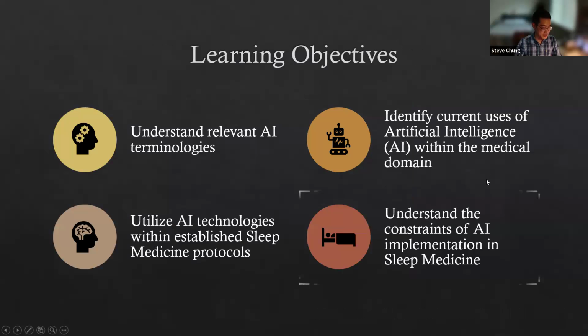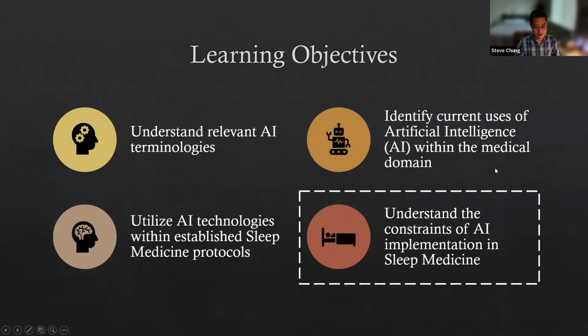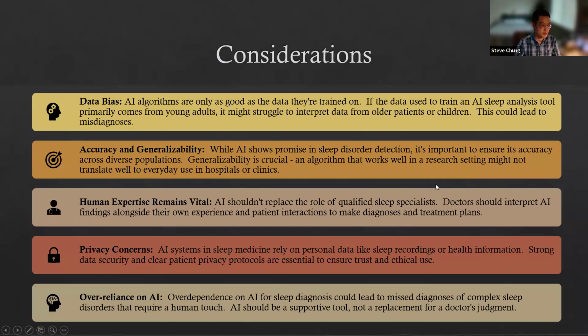So this brings us to our final objective, which is to understand what we're hesitant about in applying artificial intelligence to our day-to-day practices, and what it has the potential for. These are some of my general considerations for applying artificial intelligence.